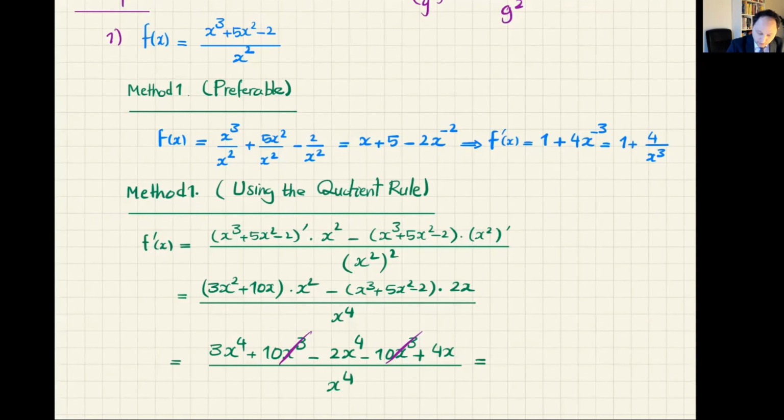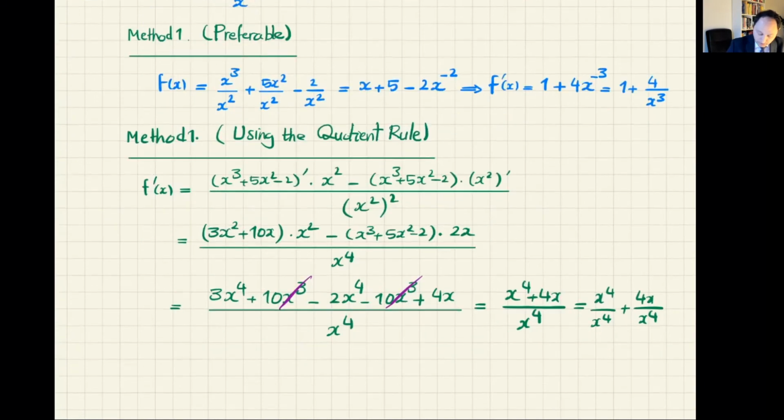So this becomes x to the 4, and then I have 4x divided by x to the 4. Of course, you can just stop here, but to confirm that this is the same answer, I divide them separately. And then you immediately see that I am getting the same answer, but you see that this is completely tedious.